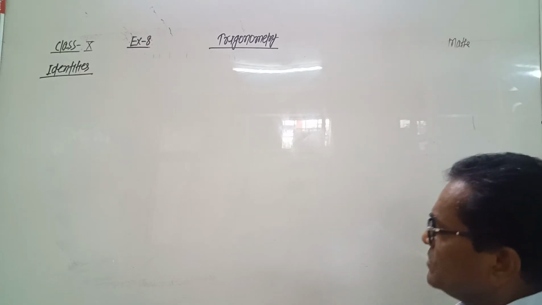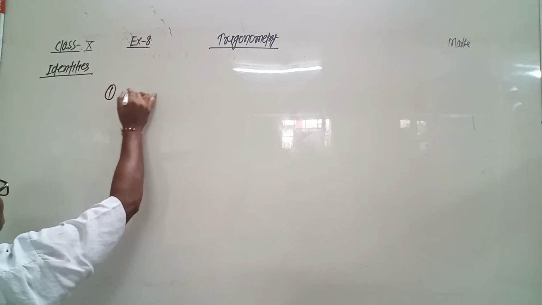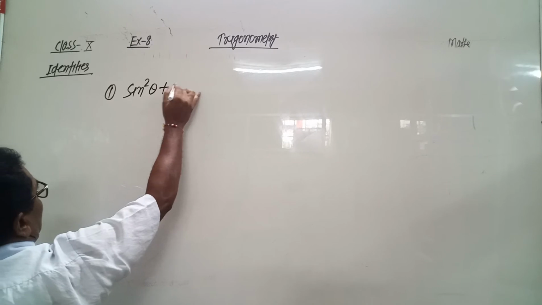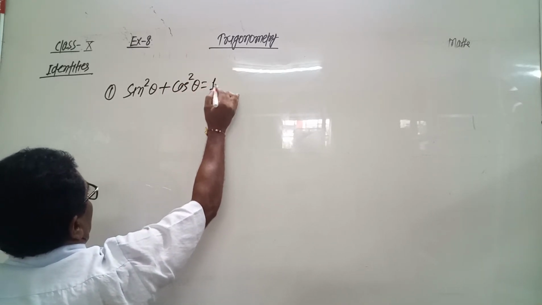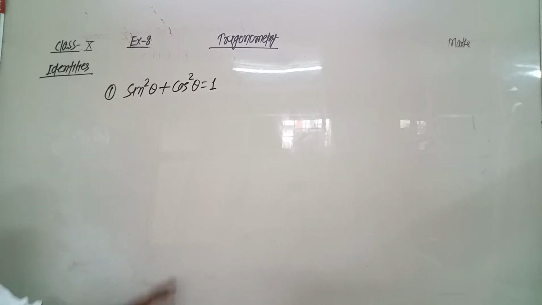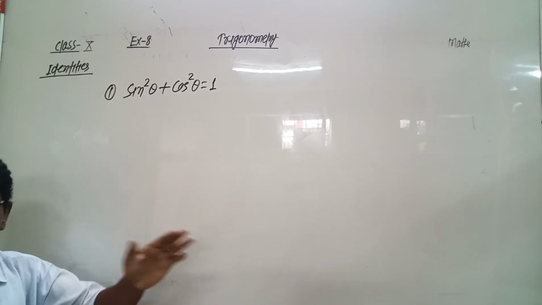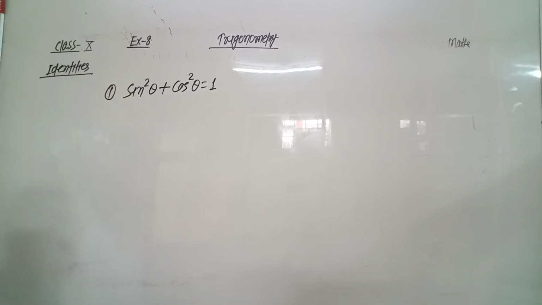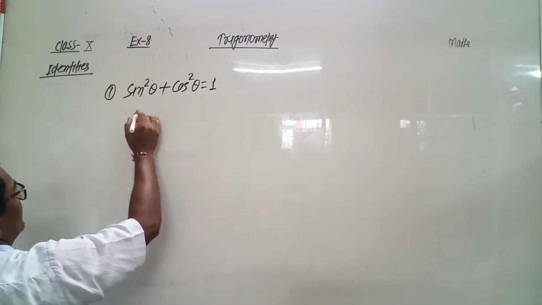There are 3 formulas you have to learn. First is sine square theta plus cos square theta equals to 1. You have to remember this. The rest of the 2 formulas we get from this.